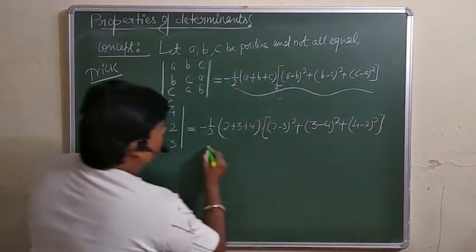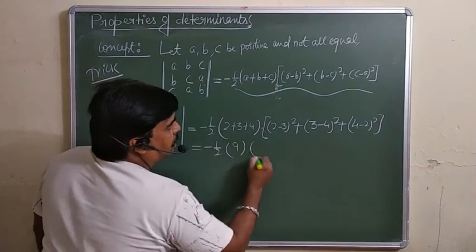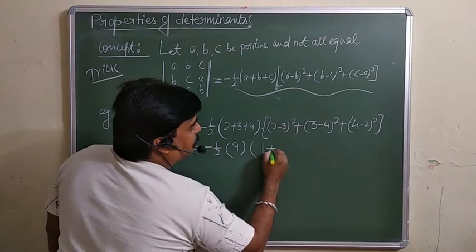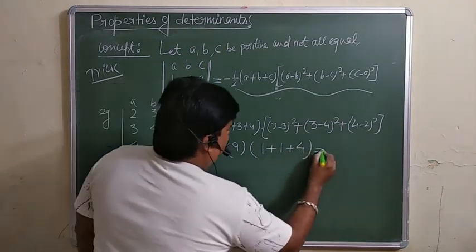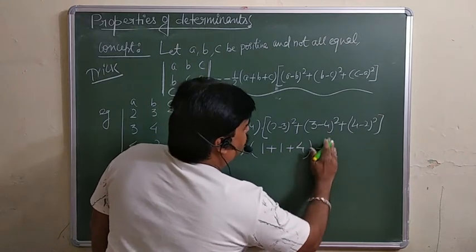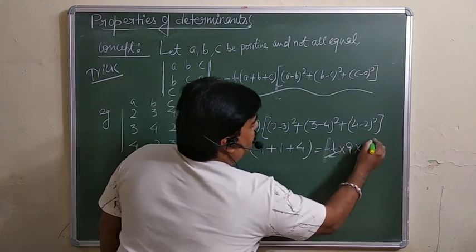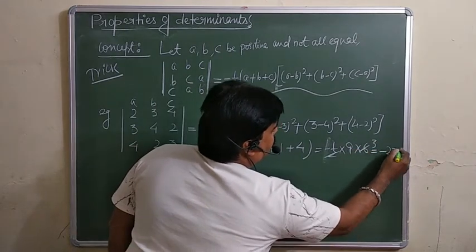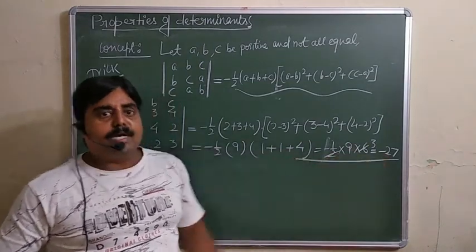Solving, you get minus 1 by 2 into 9 into (1 plus 1 plus 4), that is 6. So you get minus 27. By this trick, the determinant of this one is minus 27.